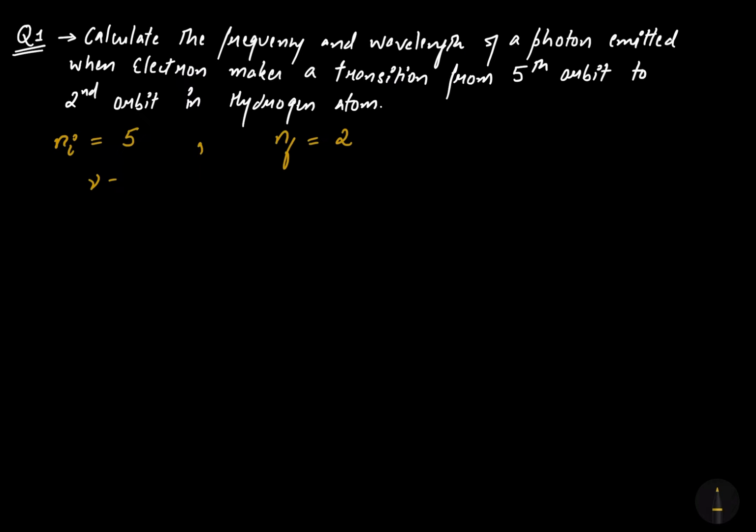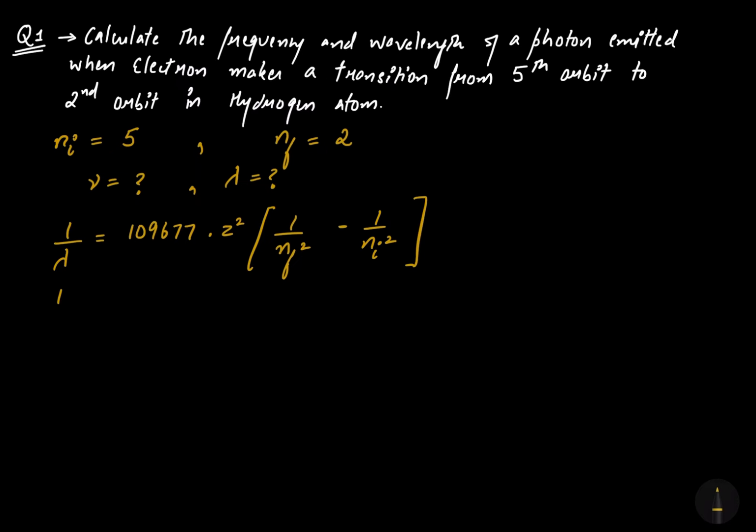We have to calculate the frequency and the wavelength of the photon emitted. So let me write down the formula. It's 1 by lambda is equal to 109,677 into Z square into 1 upon n final square minus 1 upon n initial square.